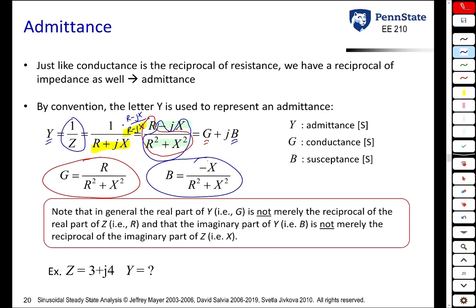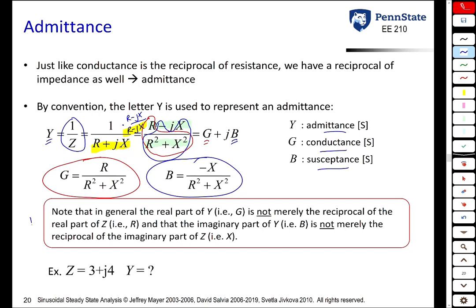So we have a total of 6 different terms that you have to keep track of. Impedance is the sum of resistance plus reactance, and admittance is the sum of conductance plus susceptance. The units of admittance, conductance, and susceptance are all Siemens, just like the units of impedance, resistance, and reactance are all ohms.